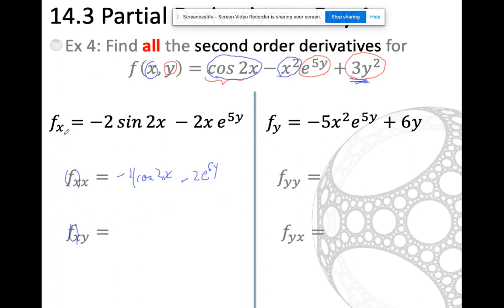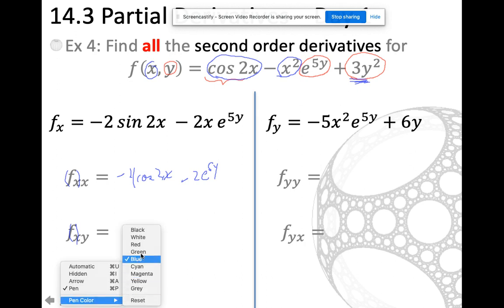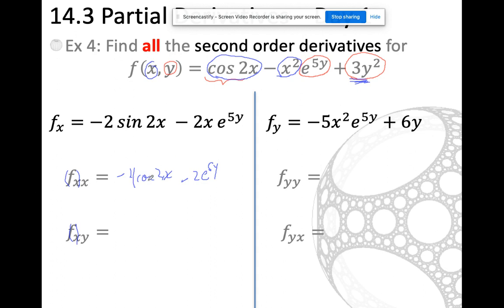Now go back to this original, but take the derivative with respect to y, so you're holding x constant. So you're not working with this blue function, you're going back to partial x and taking the derivative with respect to y. Well, this whole term has only x's in it, so that's all a constant. The derivative of a constant is 0.